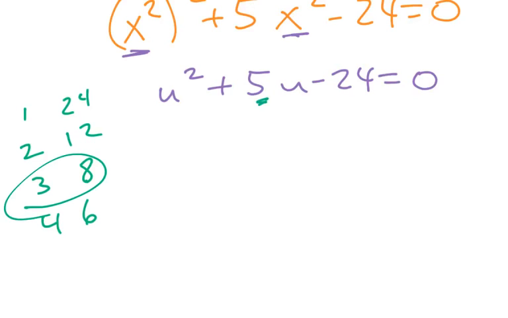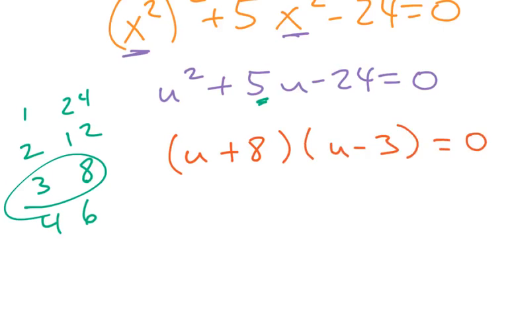Okay? So with that being said, now I can go through and factor it out. I'm going to have u plus 8 and u minus 3 equals 0, because 8 minus 3 is 5, and 8 times negative 3 is negative 24. Okay, finishing it off, we have u plus 8 equals 0 and u minus 3 equals 0.